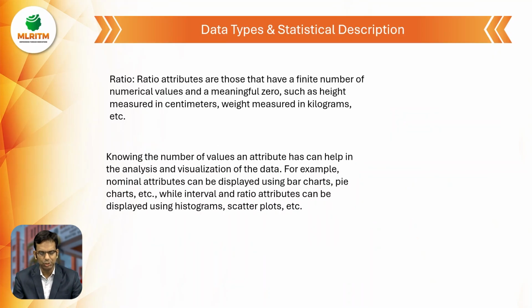And next we have ratio. Just now I said ratio data type is also there. In this data type, the measuring of height, weight, the different types of measuring, kilograms, specific height, specific weight, kgs, tons, quantity of the rice, quantity of the products, quantity of the particular things, quantity of the items.